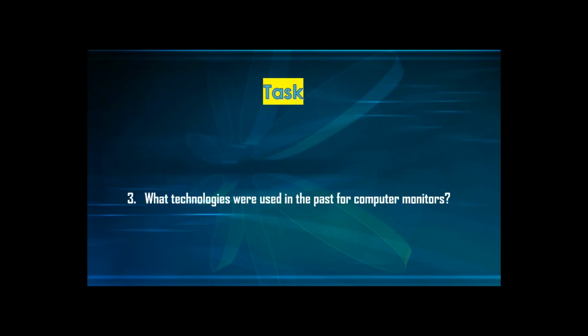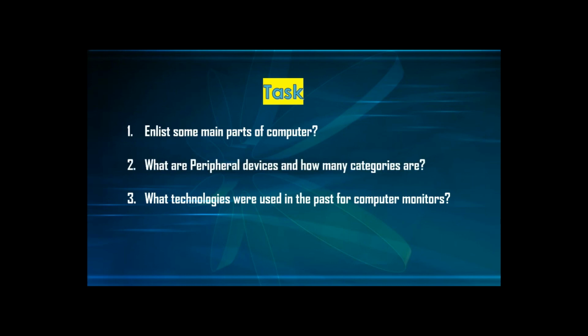So students, we have done our topic for today. Let's find out today's task. Number 1: List some main parts of a computer. What are the peripheral devices and how many categories are there? What technology was used in the past for computer monitors? You can read the history given in your book for question number 3.